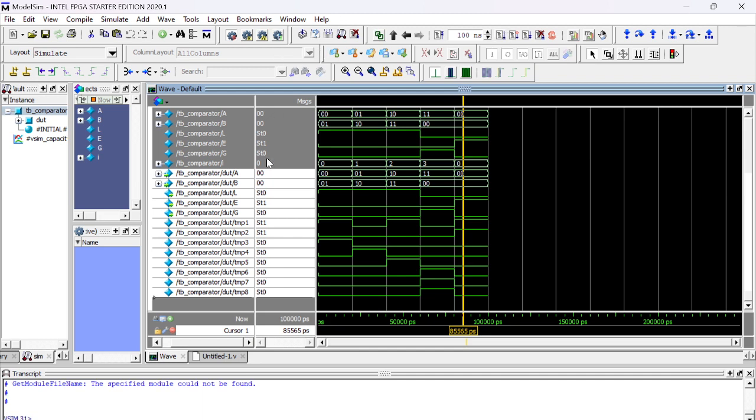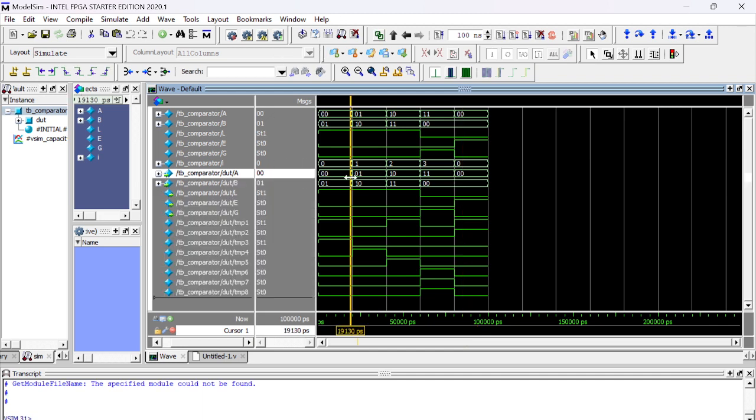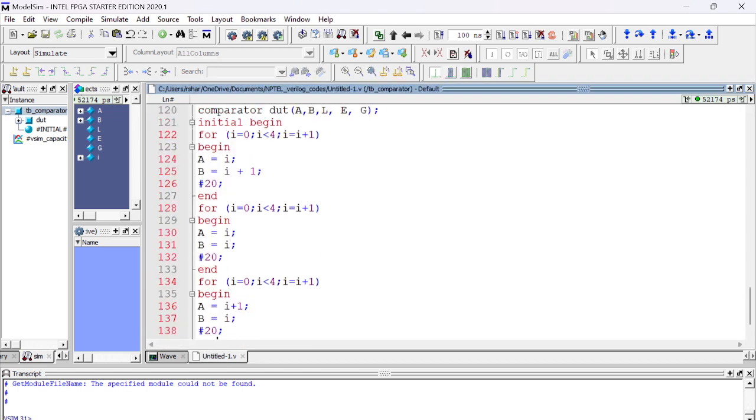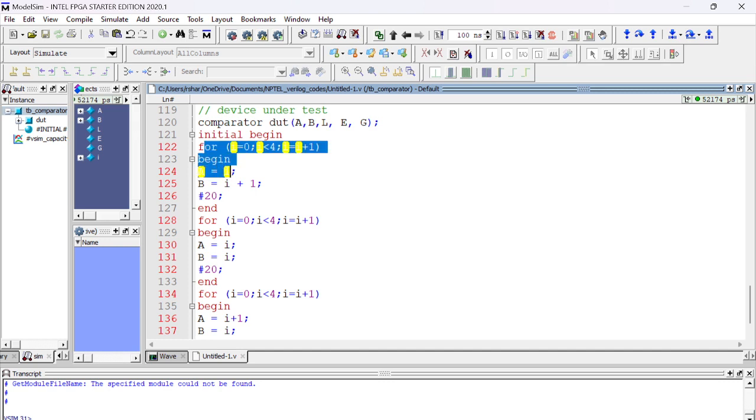Till 19 nanosecond, A is 0, B is 1. Then A is 1, B is 2. Then A is 2, B is 3. So it is executing this for loop.